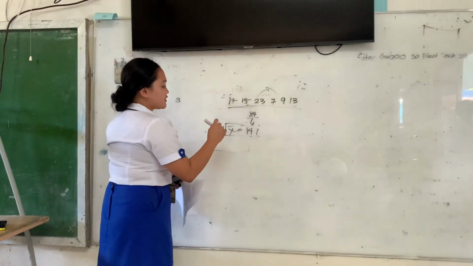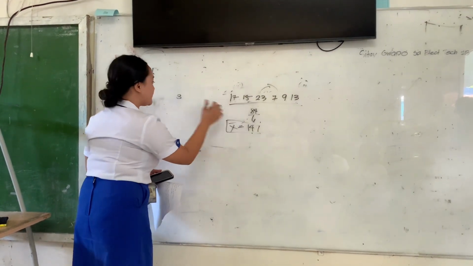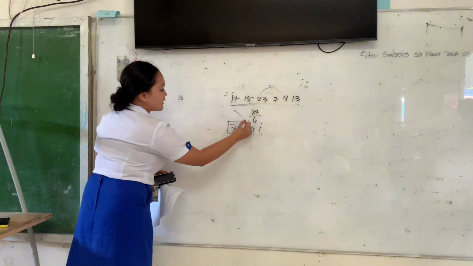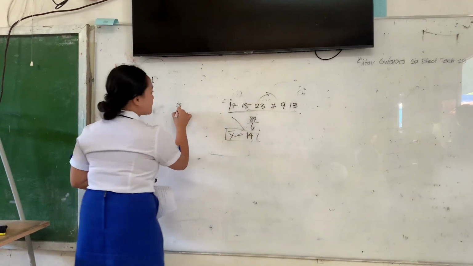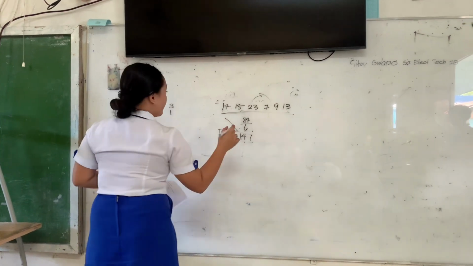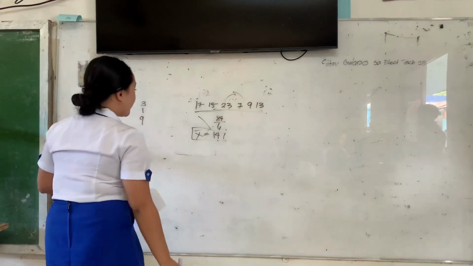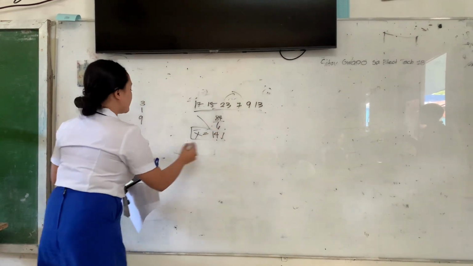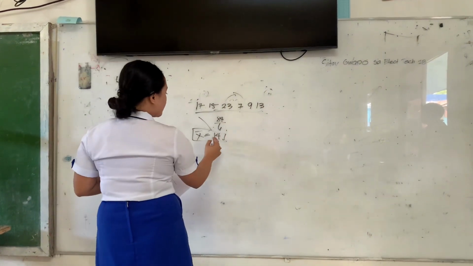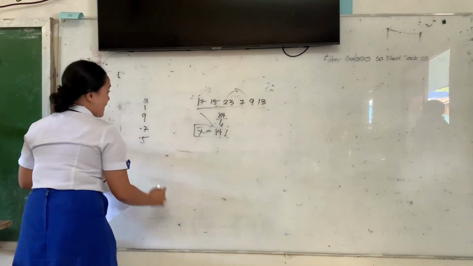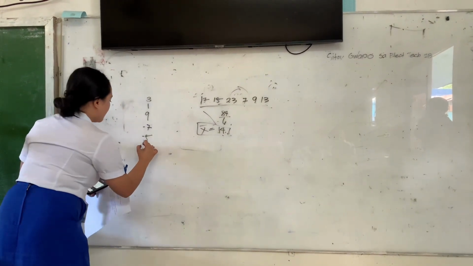Now we subtract the mean from each of the data. 17 minus 14 is 3. 15 minus 14 is 1. 23 minus 14 is 9. 7 minus 14 is negative 7. 9 minus 14 is negative 5. And 13 minus 14 is negative 1.